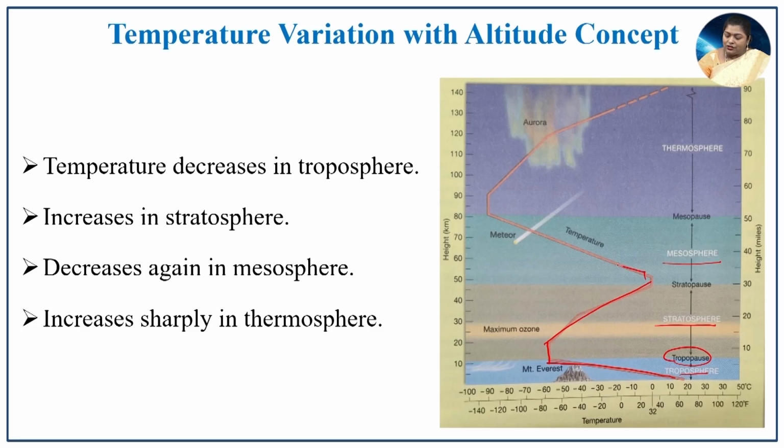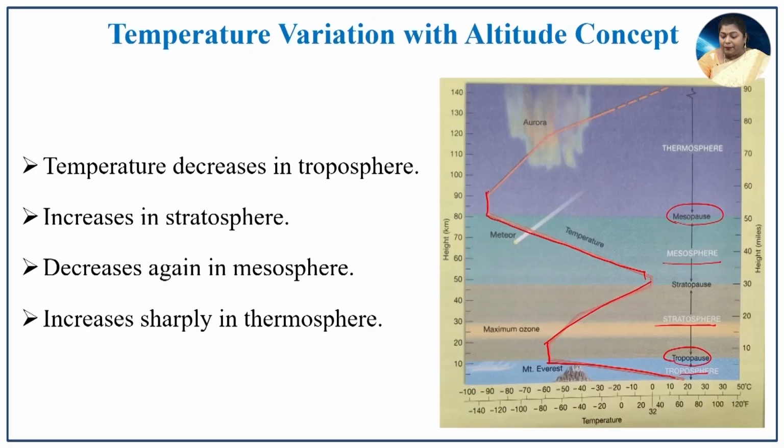Then the temperature drastically decreases in the mesosphere. Then there is a constant at the mesopause, and again the temperature drastically increases in the thermosphere. So there is an alternating pattern of increase and decrease of temperature with altitude.